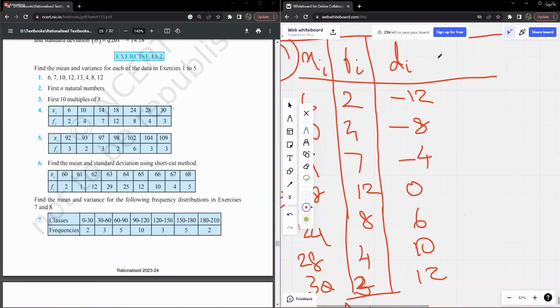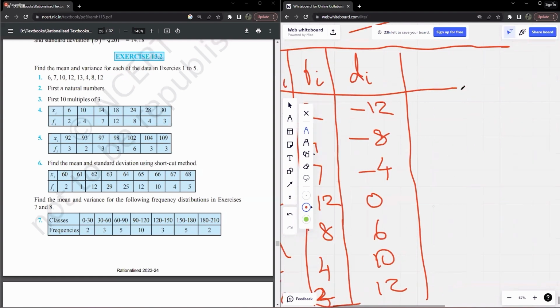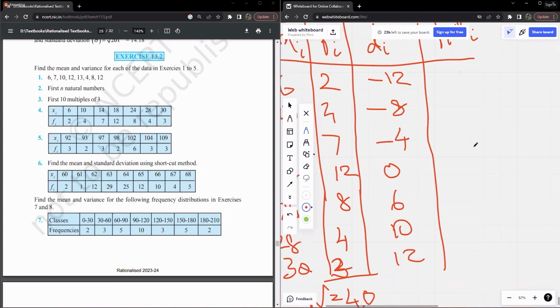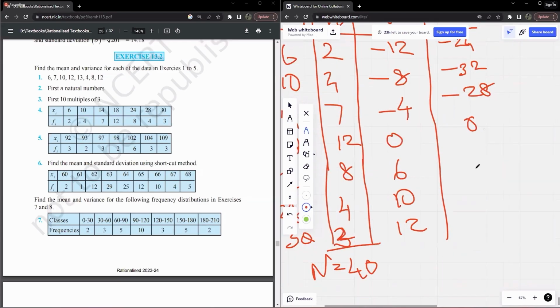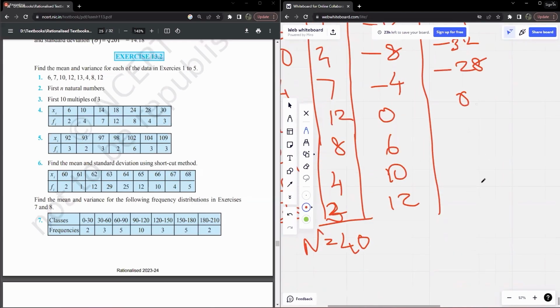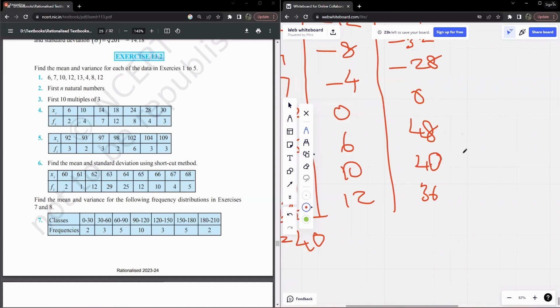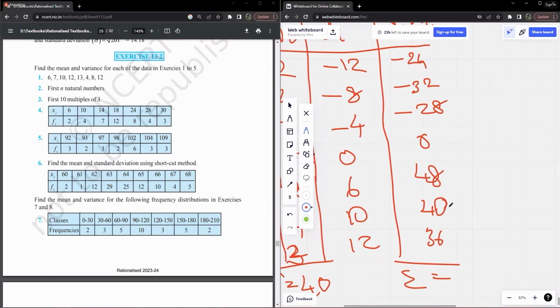That means fidis are going to basically be minus 24, minus 32, minus 28, 0. Then this is a 48, this is a 40, and this is a 36. Right. The sum of which basically this gives a 20, this gives an 8, this gives a 12. Right? 12, 8 is 20, 20, 20 is 40.